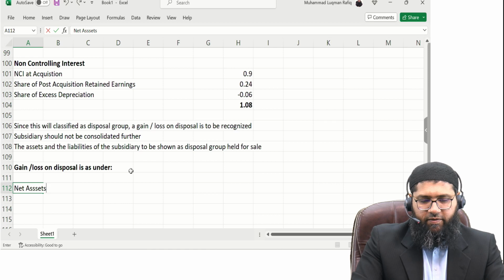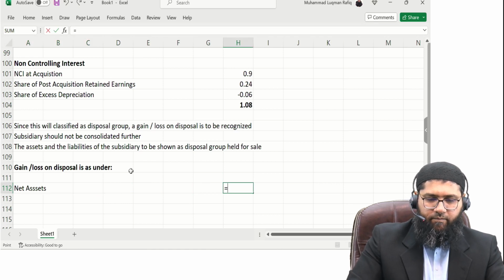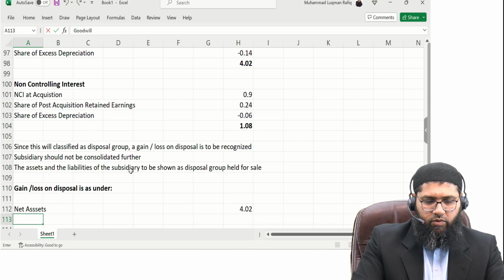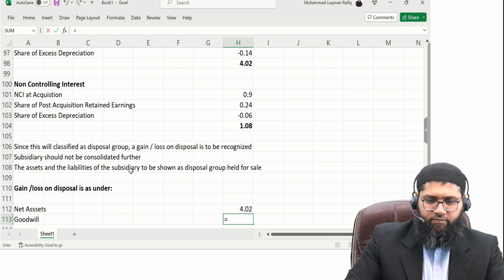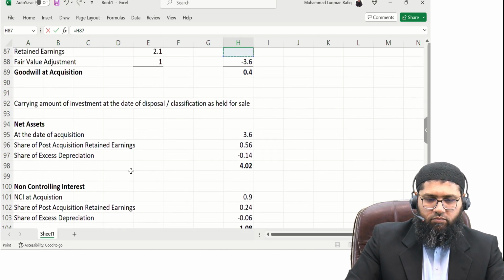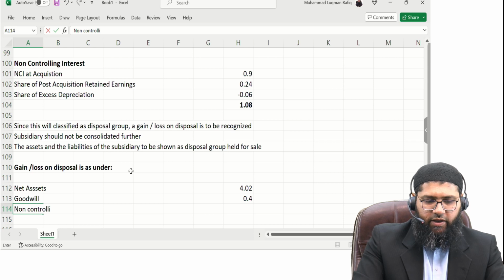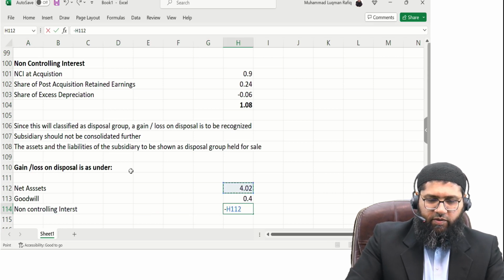Net assets is 4.02. The goodwill is going to be 0.4. Non-controlling interest is 1.08.